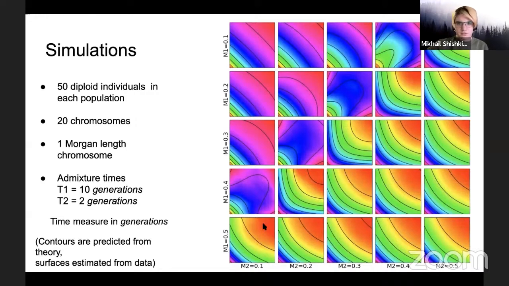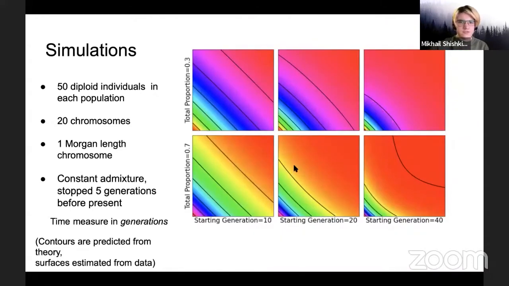But sometimes, when the total admixture proportion is close to 0.5, we have some mismatches with theory, and we have them because in these cases the variance is higher for these estimations.